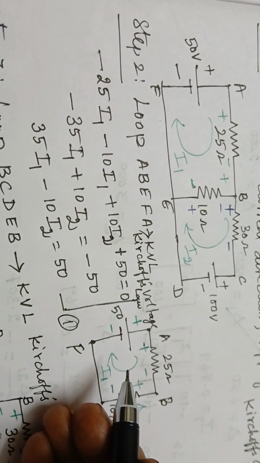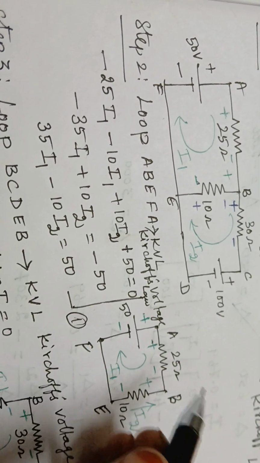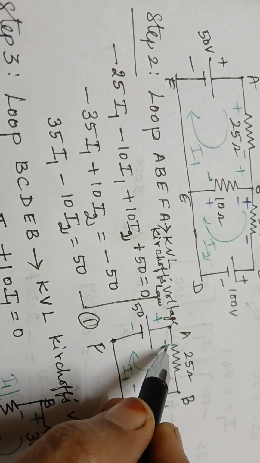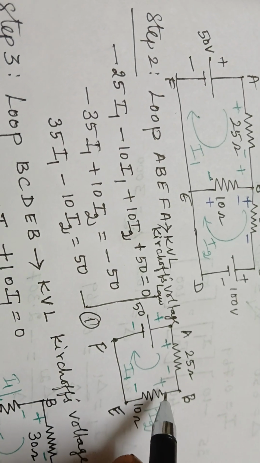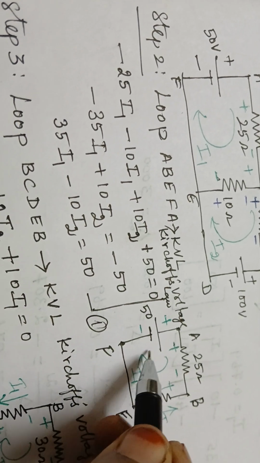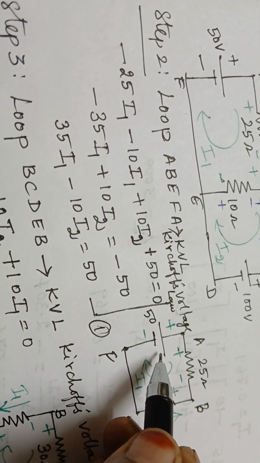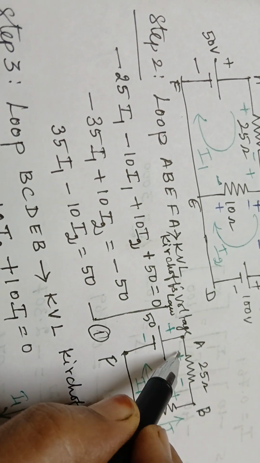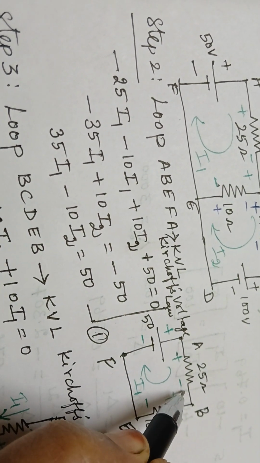KVL, Kirchhoff's voltage law. Here the entry point is assumed as positive, negative. Here the resistance is positive, negative, and this is the current direction we have assumed. The current is entering this way.